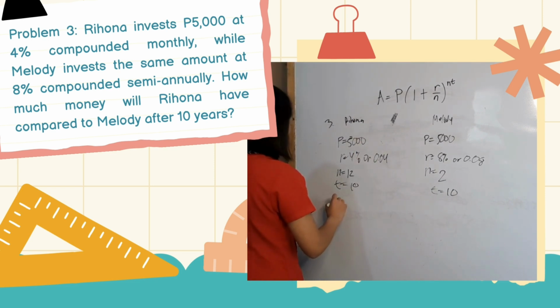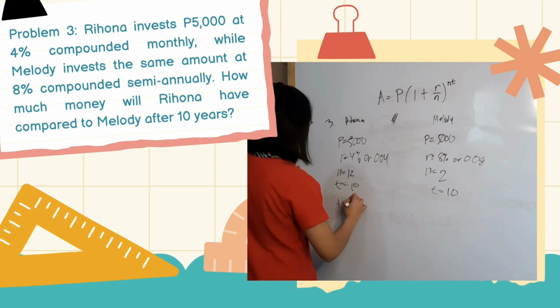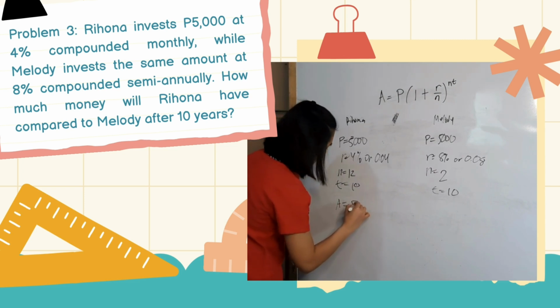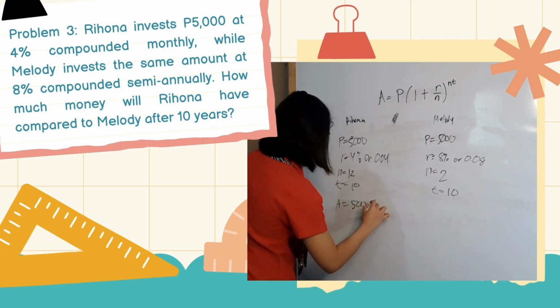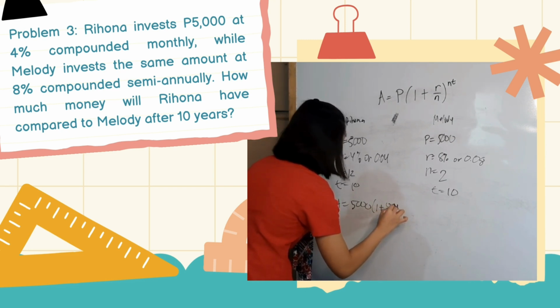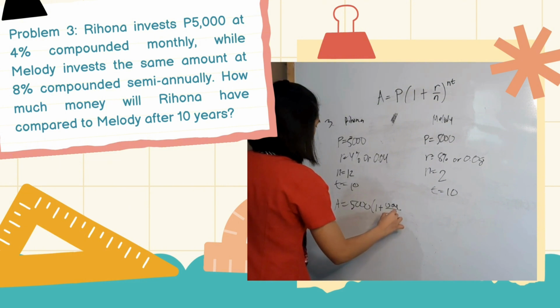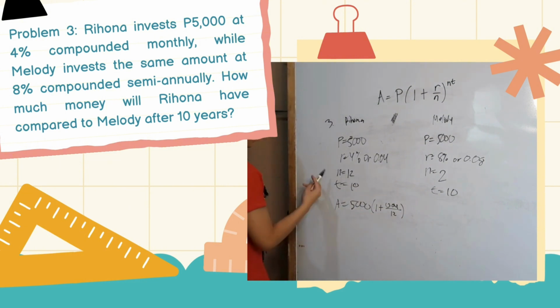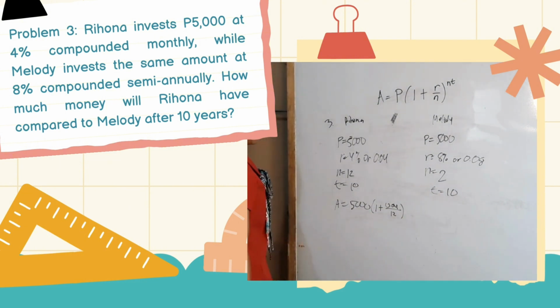So A is equal to 5,000 multiplied by 1 plus R, which is 0.04 divided by N, which is 12, raised to NT, 12 times 10, that's 120.